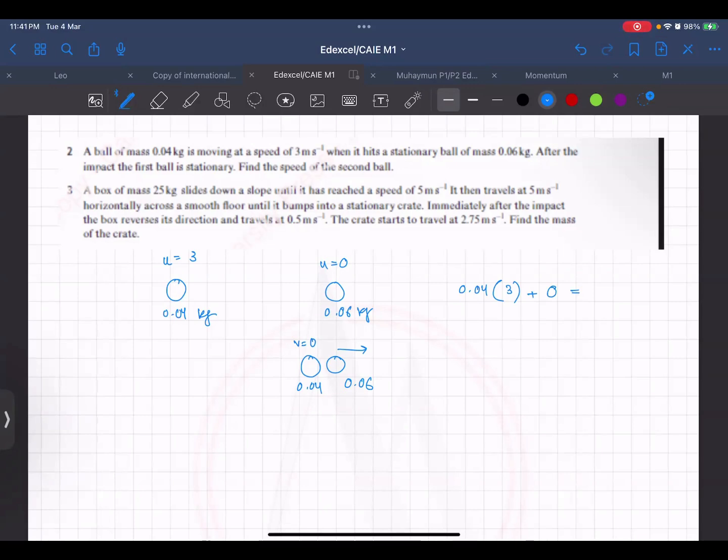Final momentum of the first ball is 0 because its velocity is 0, plus 0.06 times the final velocity of the second ball B. So 0.12 divided by 0.06 is 2 meters per second to the right side. So this ball is going to move with 2 meters per second to the right side. Positive.